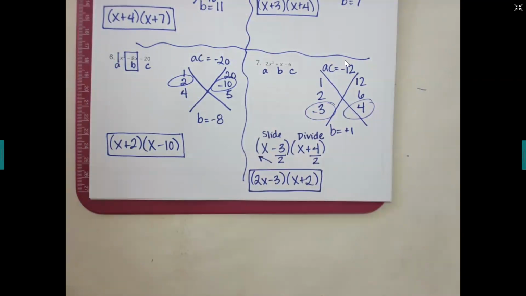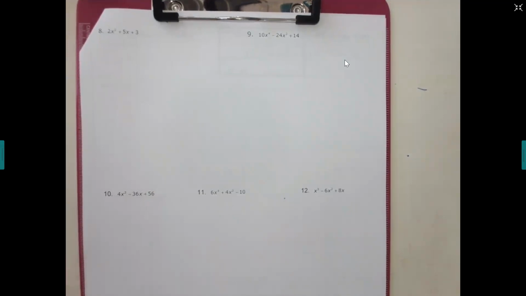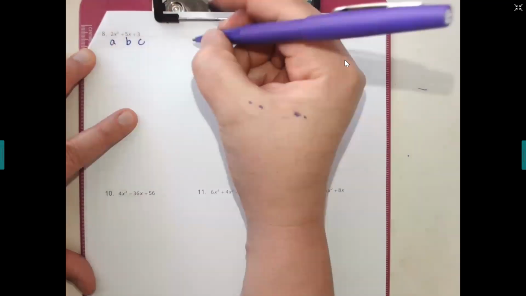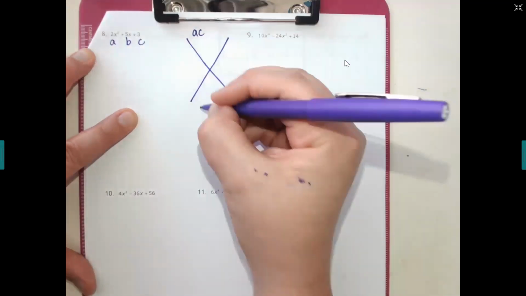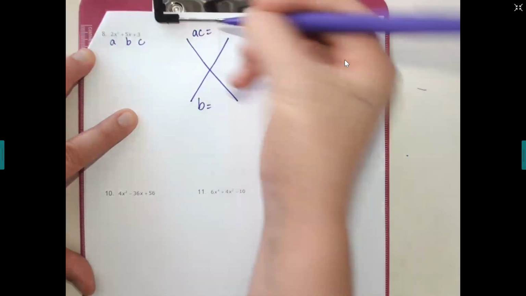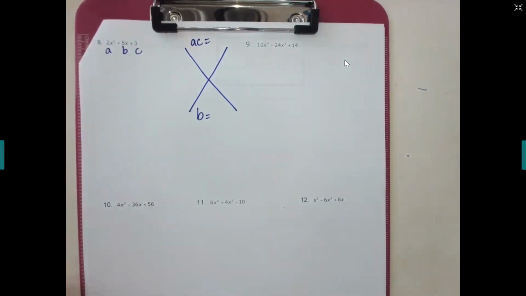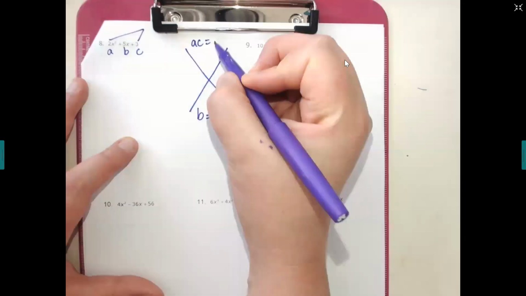All right, go ahead and let's do number 8. Okay, so label your ABC, set up your chart. Okay, remember AC is A times C. So my A is a 2, my C is a 3. What's 2 times 3? 6.